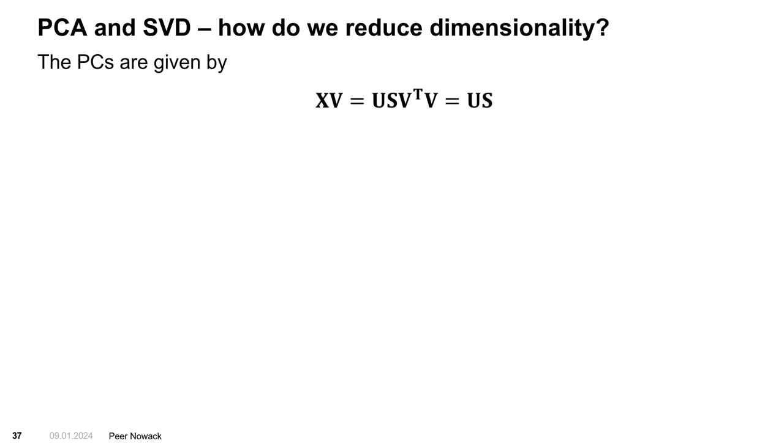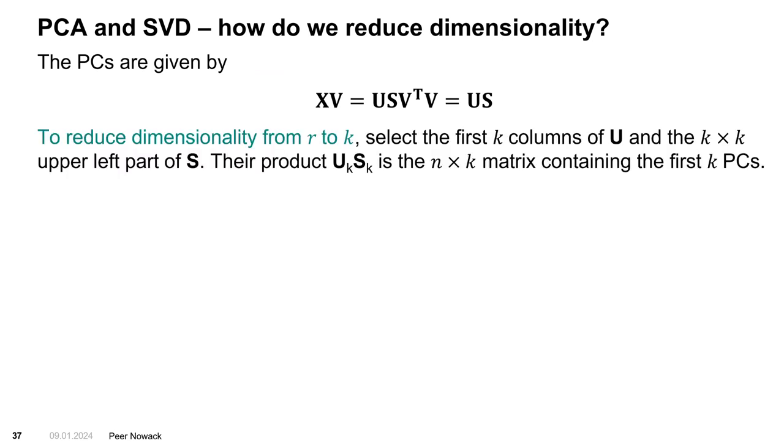But what we actually want to do in most cases is not to keep the entire rank of that matrix, but to select a reduced dimensionality, for example, representing a certain part of the linearly explained variance, or the first 100 principal components, so that we reduce the dimension of the data effectively, let's say from the original rank R to some smaller dimensionality K. And that clearly means that we have to throw information away as well.